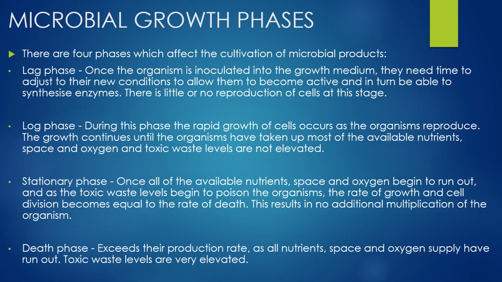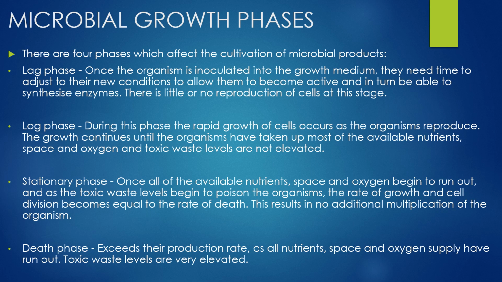The log phase is when the rapid growth of cells occurs as organisms reproduce. The growth continues until the organisms have taken up most of the available nutrients, space, and oxygen, and toxic waste levels are elevated.